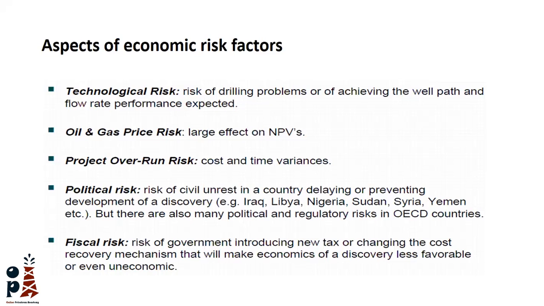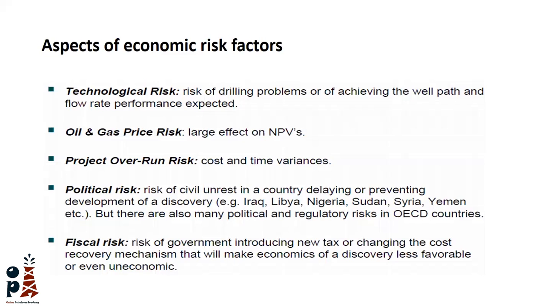We don't have a constant oil price. Third, we call the project overrun risk. As we saw before, if you have a delay in any phase in development or appraisal or exploration, this increases your exposure as a company, which is a risk for the company to go bankrupt.